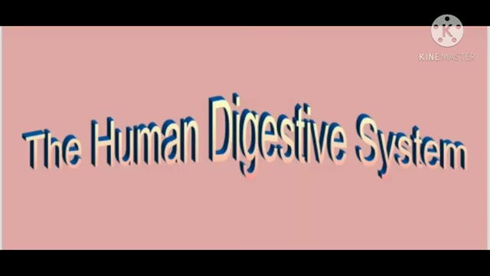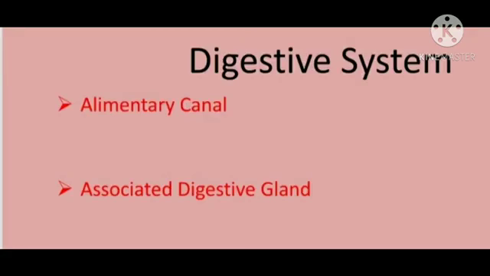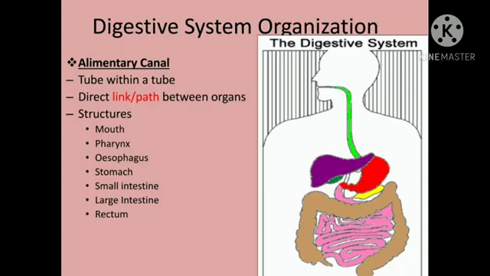We will start with the human digestive system. Digestive system of man consists of alimentary canal and associated digestive glands. Starting with the digestive system organization, it consists of alimentary canal.